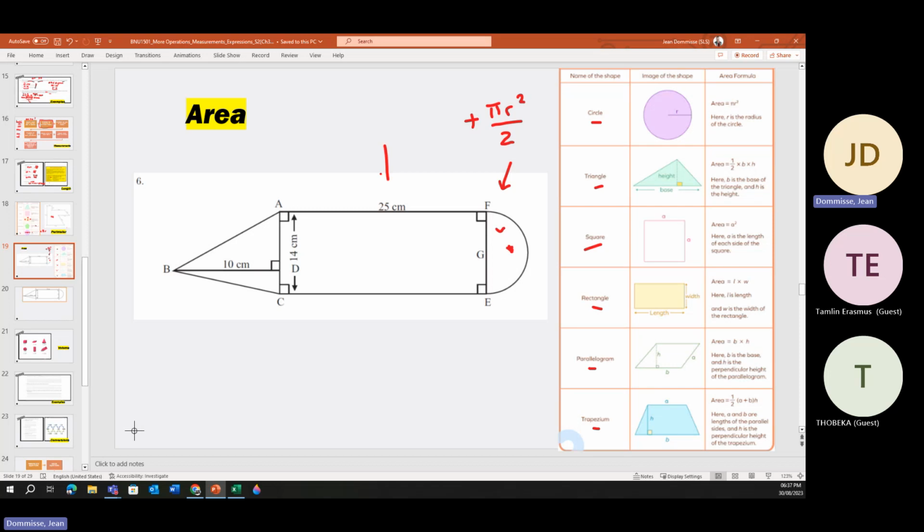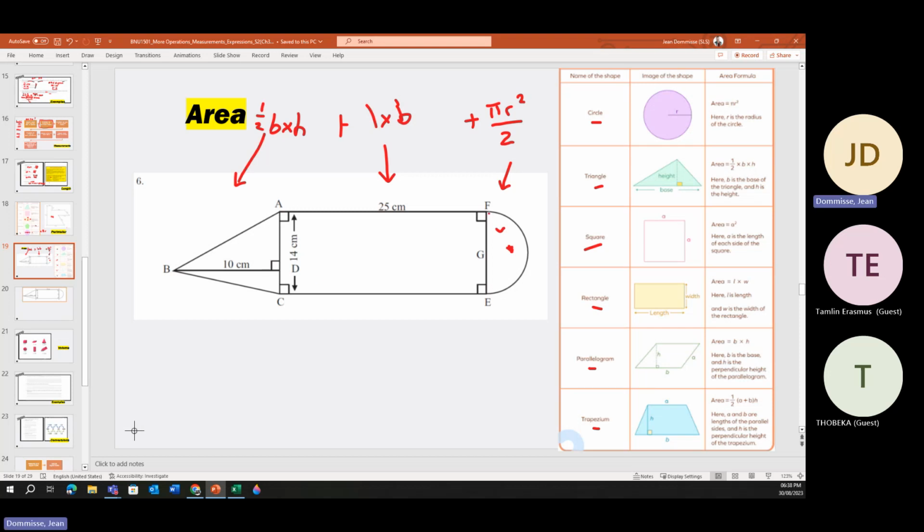Here we've got a rectangle, so all that we need to do here is to say length times breadth. And then here we've got a triangle. Triangle is half base times height. Okay, so that is the triangle. So that's one sum, that's another sum, and that is another sum. So three calculations, and then we need to add all of them together.